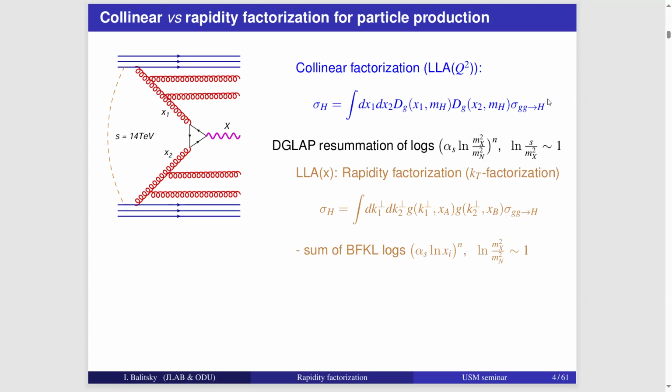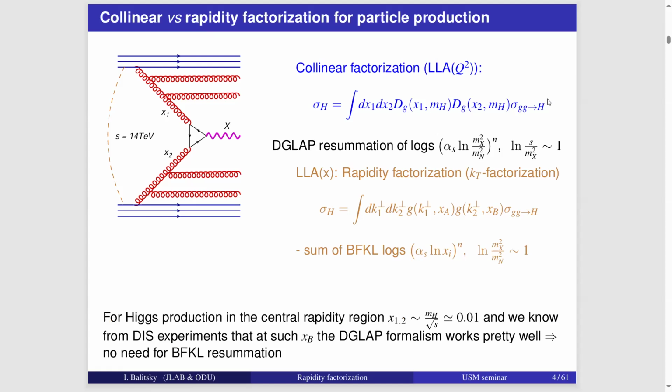The formula looks similar, only here the logic is that this nucleon emits a parton with transverse momentum k1, this emits another parton with k2. Integration goes over transverse momentum, that's why the name kT factorization.